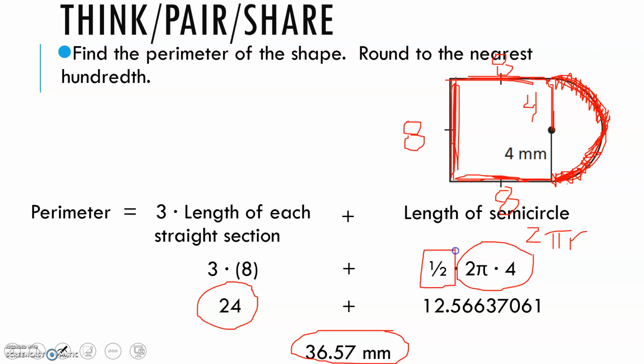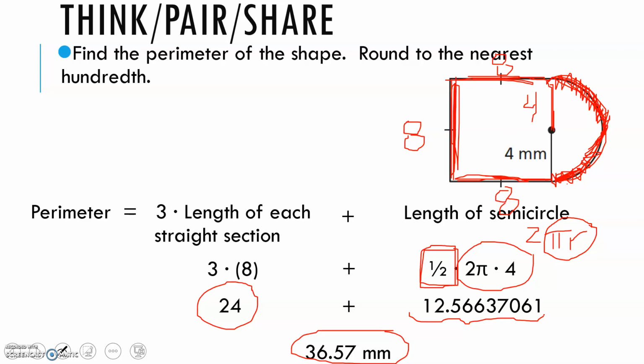And it is a semicircle, so you're going to have to take 1/2 of what you normally would have. That would actually just be pi r for short. But just be careful with shortcuts. No matter which way you do it, you should get about 12.56637061. And when you add that to 24, you get 36.57 millimeters to the nearest hundredth.